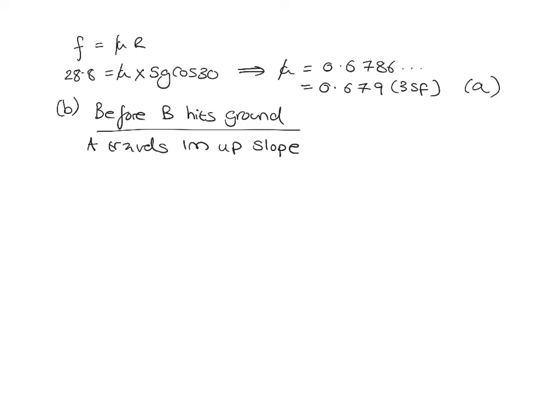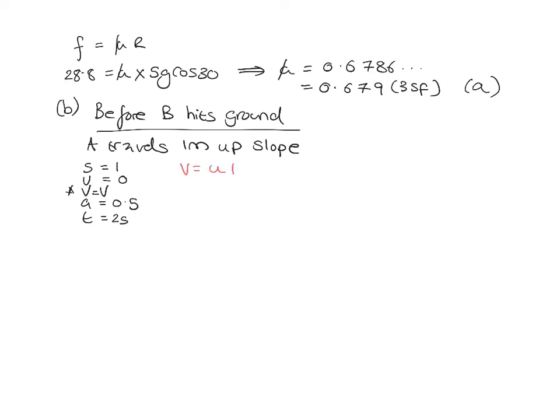We can work out the velocity of B with which it hits the ground, which is the velocity of A at that moment. So if we use SUVAT again, we know that S is equal to 1, U was 0, V is now what we're trying to work out. The acceleration, we know it's equal to 0.5, and the time we also know is 2 seconds, so we can use any SUVAT equation that we want to use here.